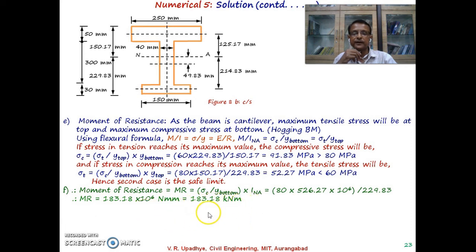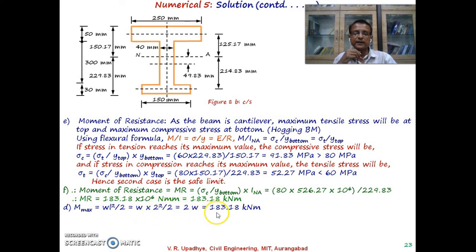Now, as it is a cantilever beam subjected to UDL throughout, we have discussed earlier that maximum bending moment will be WL square divided by 2. So if we rewrite that, maximum bending moment is W into 2 square divided by 2, the span is 2 meter.